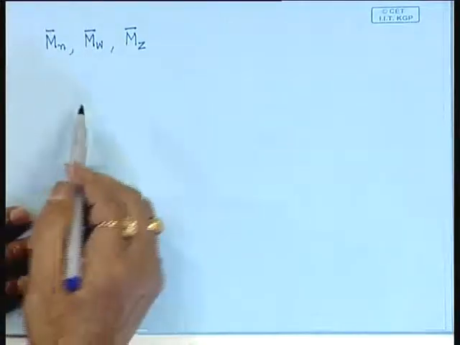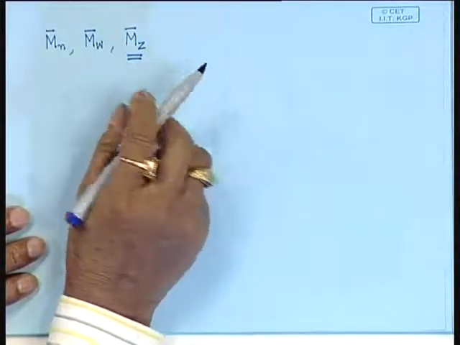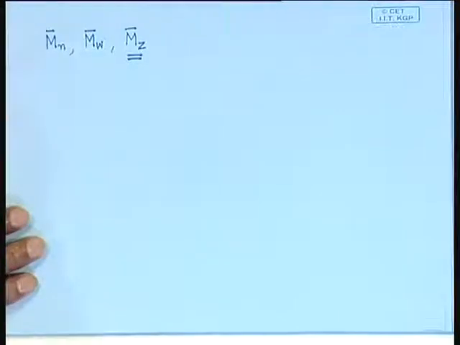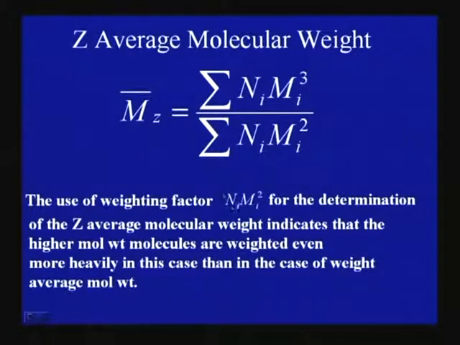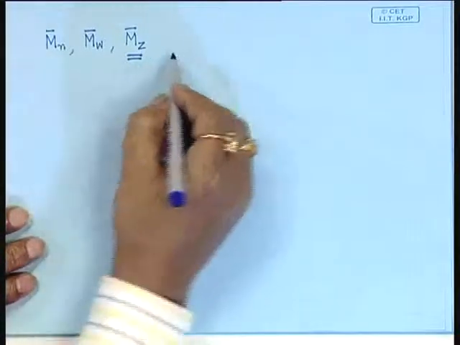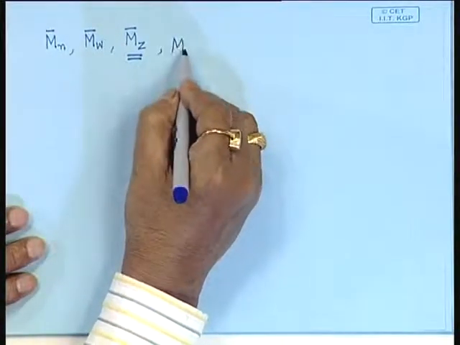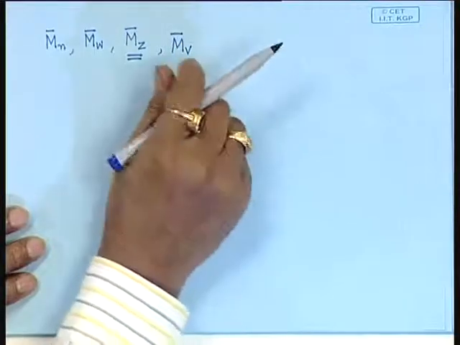Actually, in this Z average molecular weight, more weightage is given to this product Ni Mi square, because it indicates that the higher molecular weight molecules are weighted even more heavily in this case than in the case of weight average molecular weight. So, this is another averaging technique, but we deal with this Mn bar or Mw bar, and there is one more averaging technique, I will come to it later, Mv bar, viscosity average molecular weight.